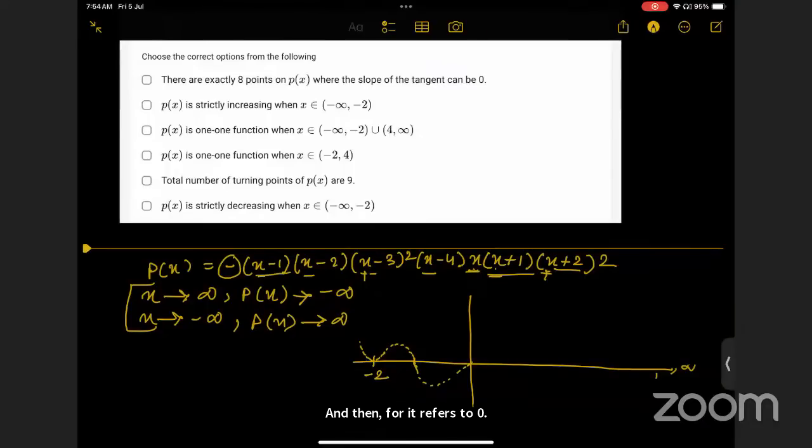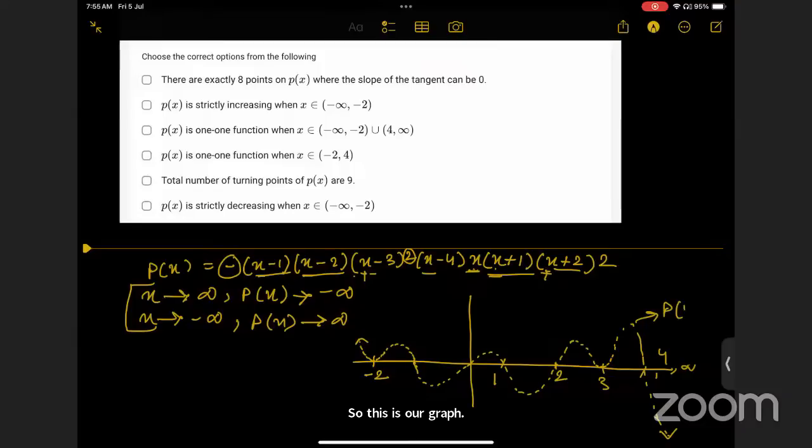Again, for x equals 1, this one. For x equals 2, for x equals 3, we have an even degree here, so here it will be something like that. And for x equals 4, we have this. So this is our graph.